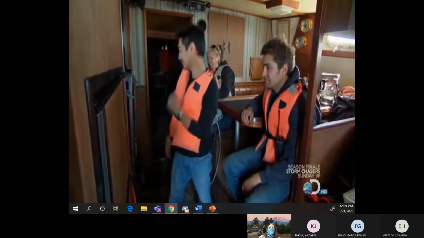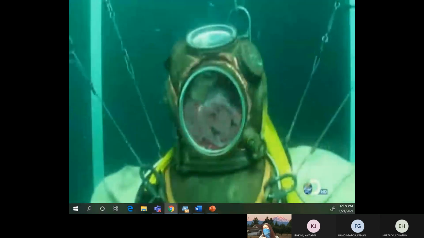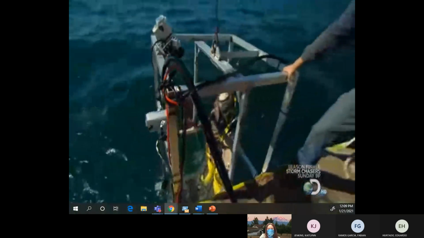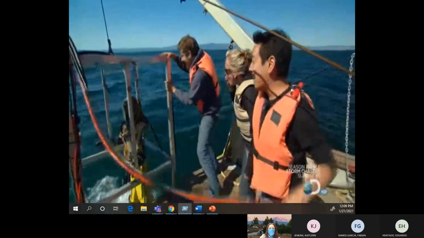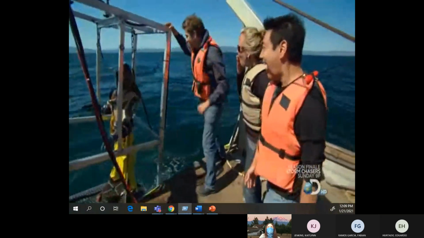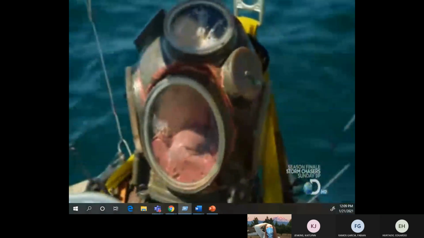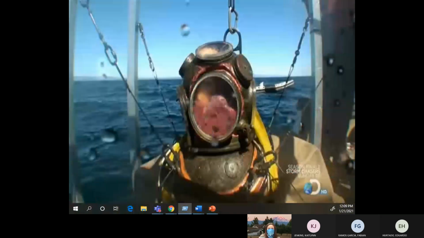Not it. And a closer inspection of our diver reveals the kind of damage 135 pounds of pressure per square inch can do. Oh, wow! Oh my God! We totally caved the helmet in! Look at all the guts in there. His stomach is inside his helmet.